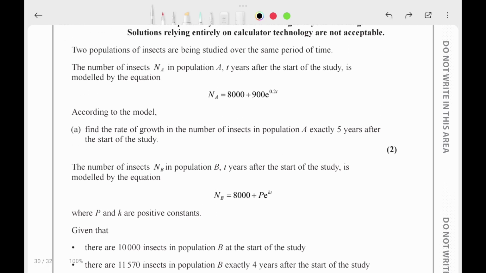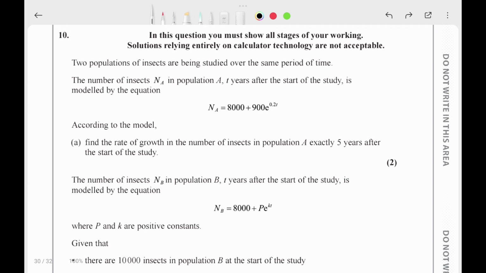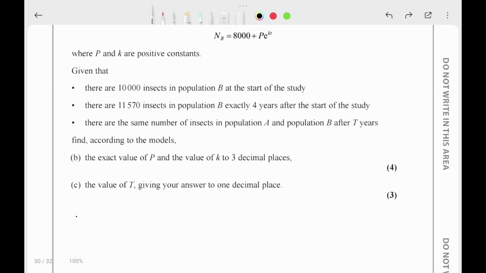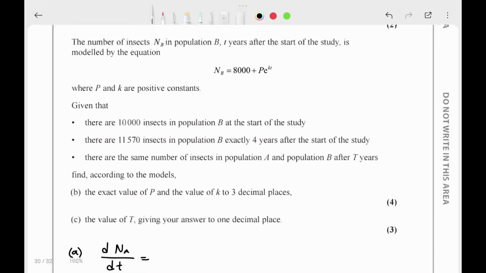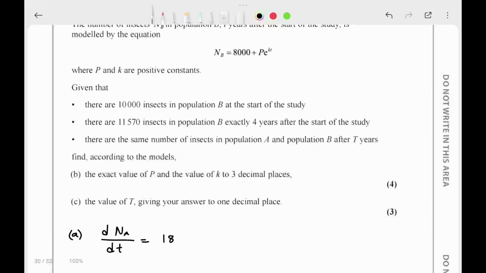Okay, so we need to find dNA by dt. We need to differentiate this. That would give us 180 e to the power 0.2t.